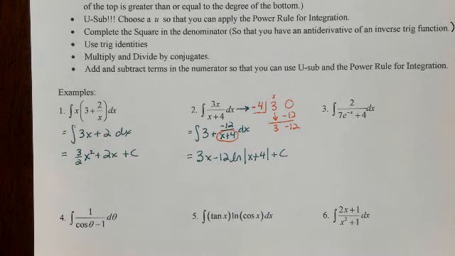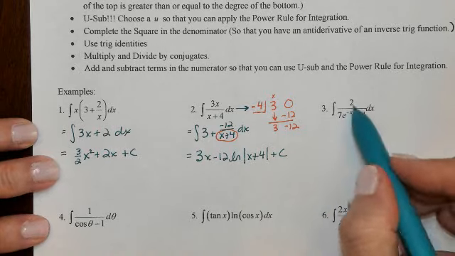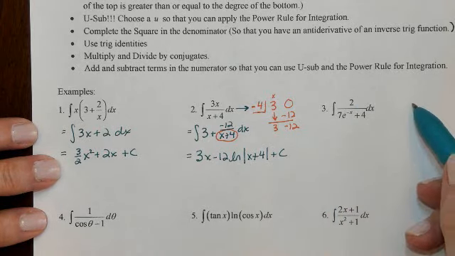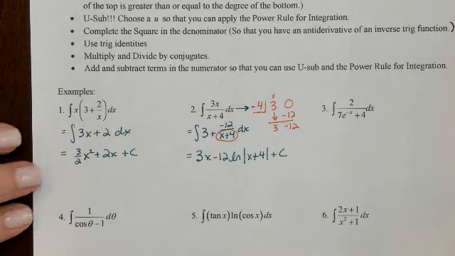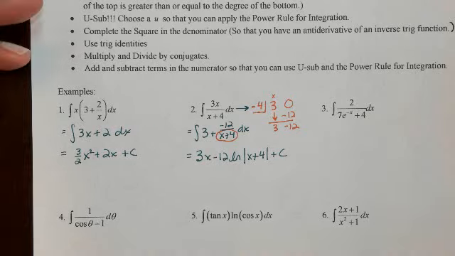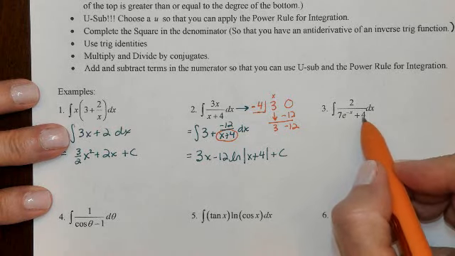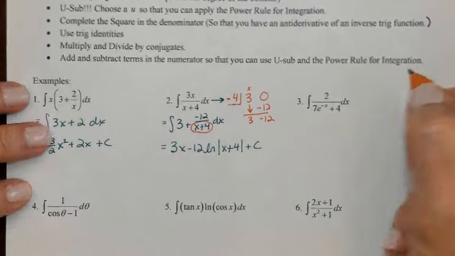Alright, this next problem. So in this one, we cannot go off to the side and divide, right? We have this e to the negative x, so you ask yourself, goodness, what do I do with that? So my first thought is always to do a u sub, where u is the whole bottom. And since I have this complicated bottom, you may not want to write this down quite yet, because this isn't going to work.